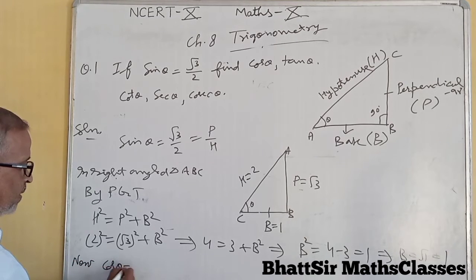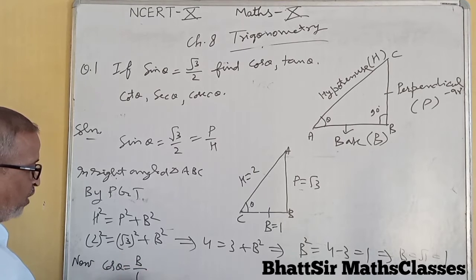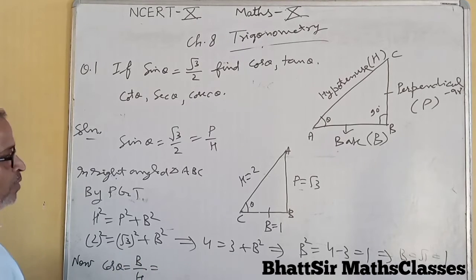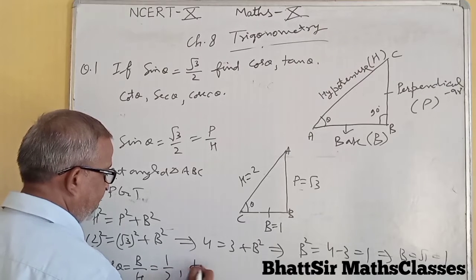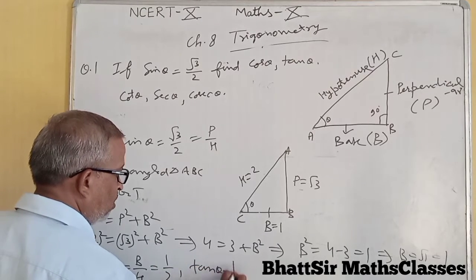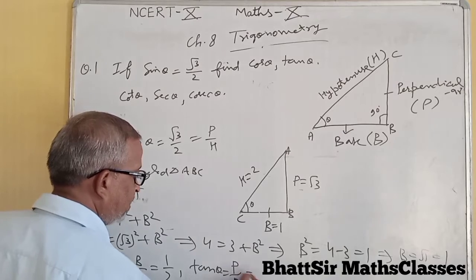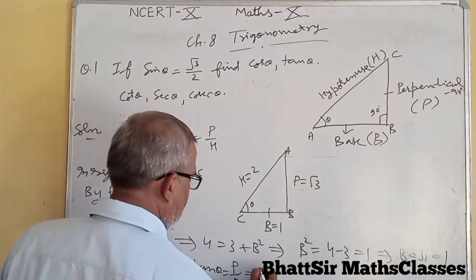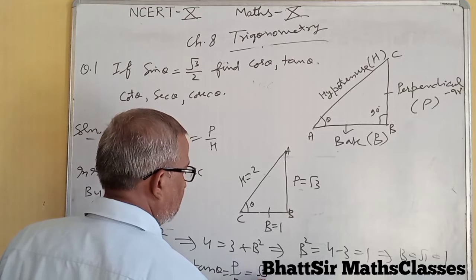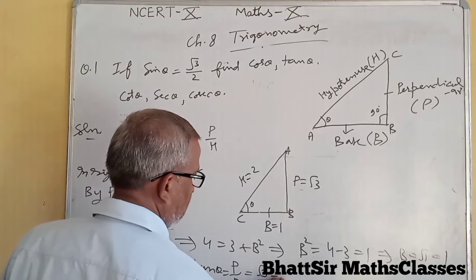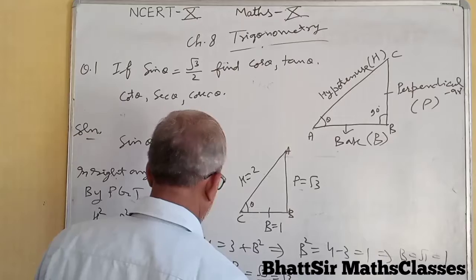Now cos theta is base over hypotenuse, which means 1 by 2. Tan theta is perpendicular over base, which means under root 3 by 1, under root 3.